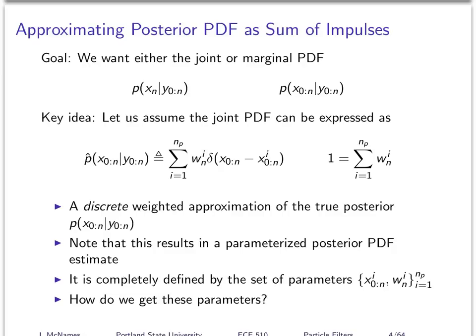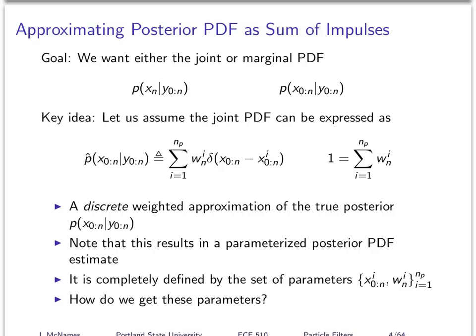The marginal posterior distribution is only the PDF of the state at time n. It's still multi-dimensional because the state is a vector in most cases and not just a scalar, so we're in multi-dimensions regardless of which one we look at. But this one doesn't grow with time, and it's easier to work with.